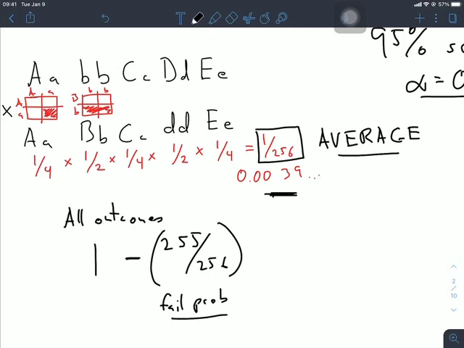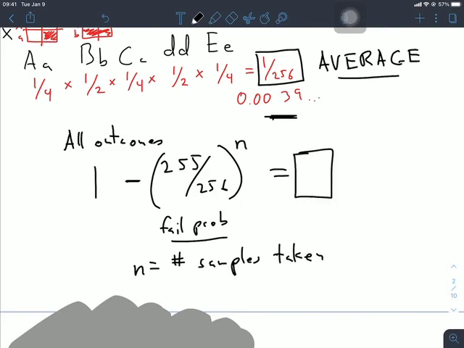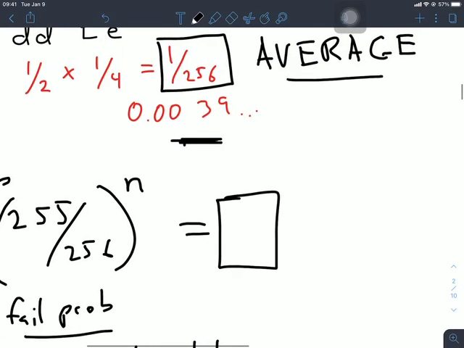Now, for the rest of the equation, because this isn't yet done, we have to introduce the number of times that we're sampling, the number of times being n. On the other side of the equation, what this must equal is our likelihood of success, or 0.95.